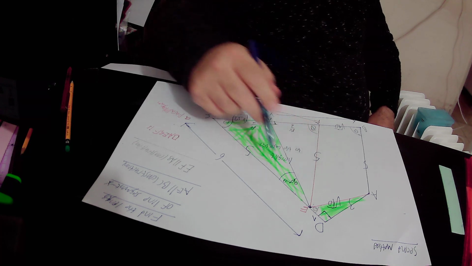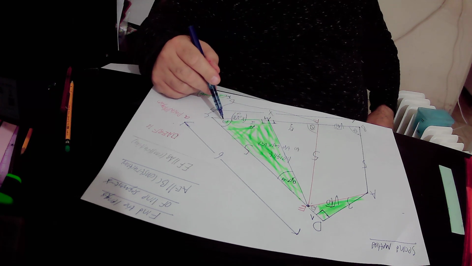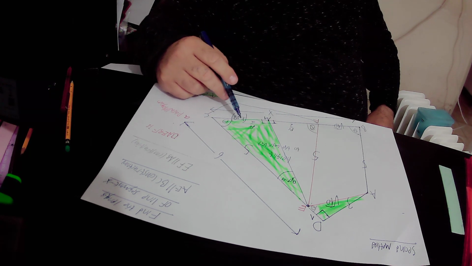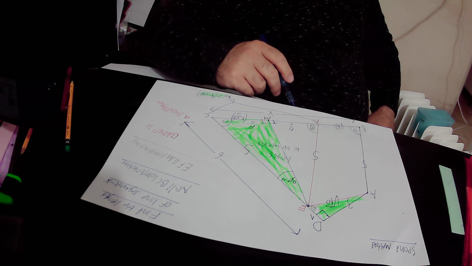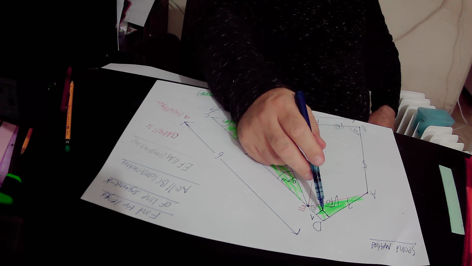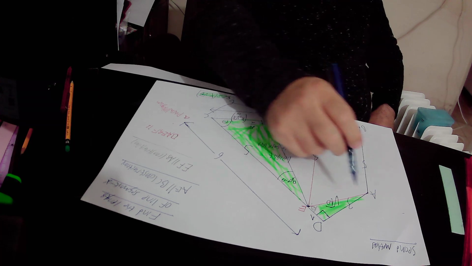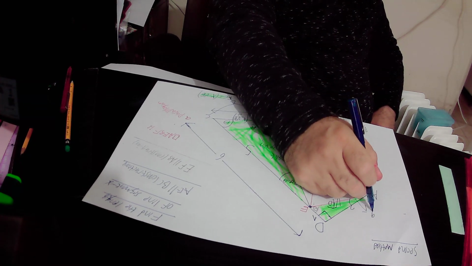Angle MEC must be 90 degrees minus theta, because 90 degrees minus theta plus theta is 90 degrees, and 90 degrees plus 90 degrees is 180 degrees. For exactly the same reason, in the right triangle AED, this angle equals 90 degrees, this angle equals theta, so this angle must equal 90 degrees minus theta.